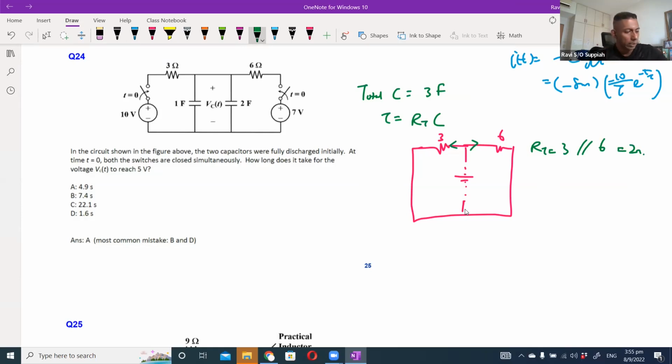So how about the VC at 0 minus and 0 plus?